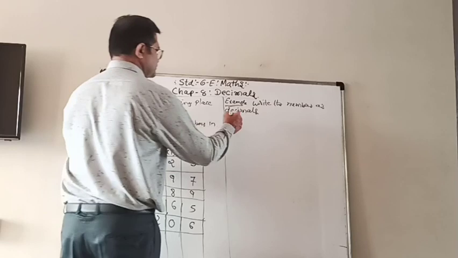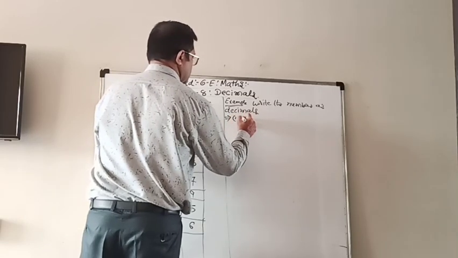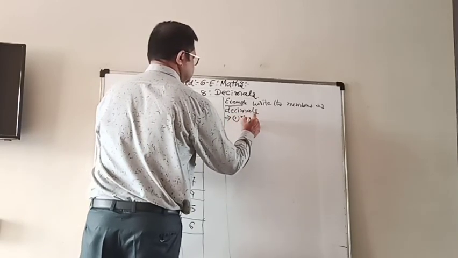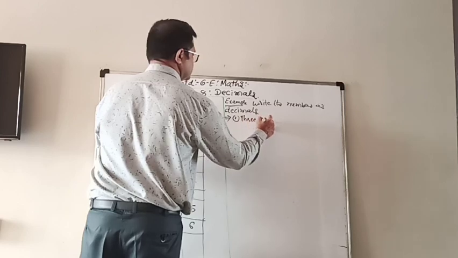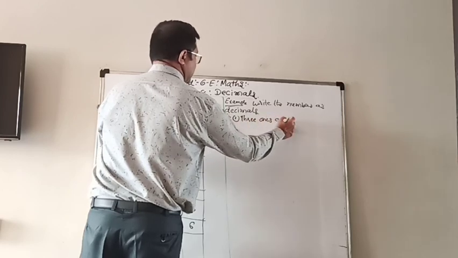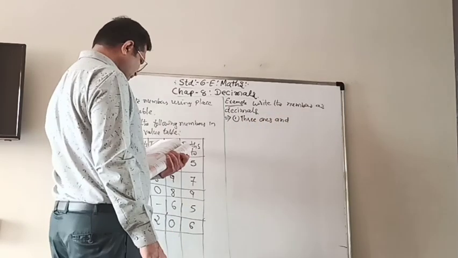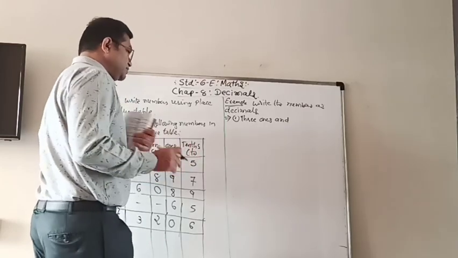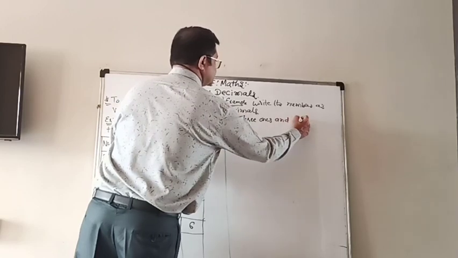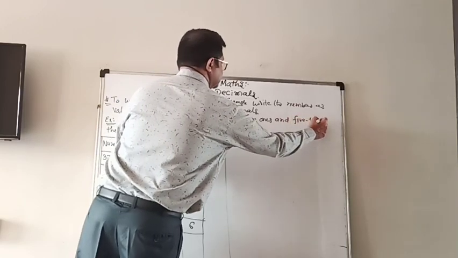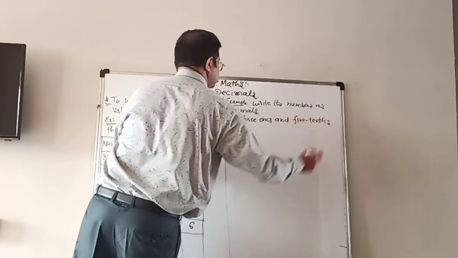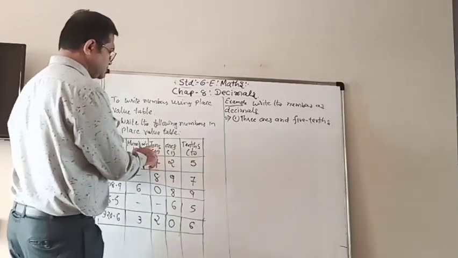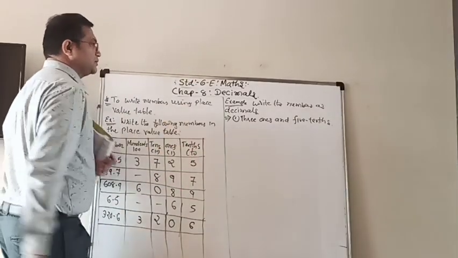First one is 3 ones and 5 tenths. Not tenths, it is tenths.